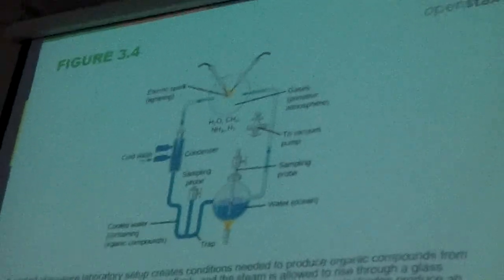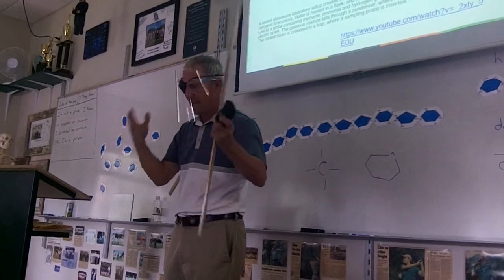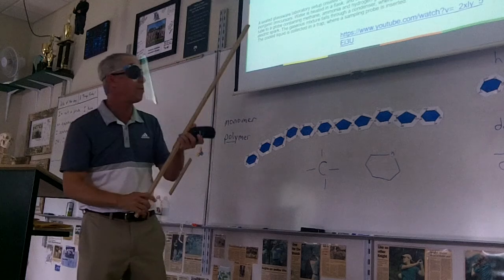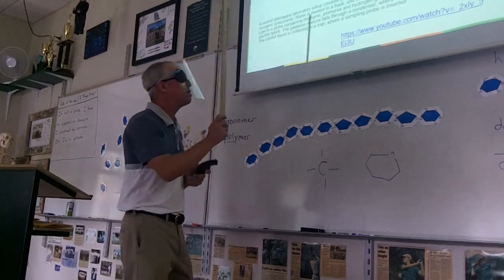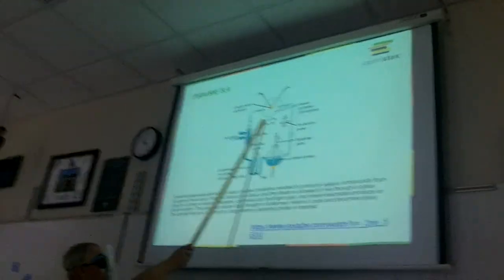We know this from studying old rocks. There are rocks on Earth that are billions of years old, and you can break those rocks open and study the gases that come out of them. Those were the gases that were there when those rocks were forming billions of years ago. So we know that these molecules were present in Earth's early atmosphere.